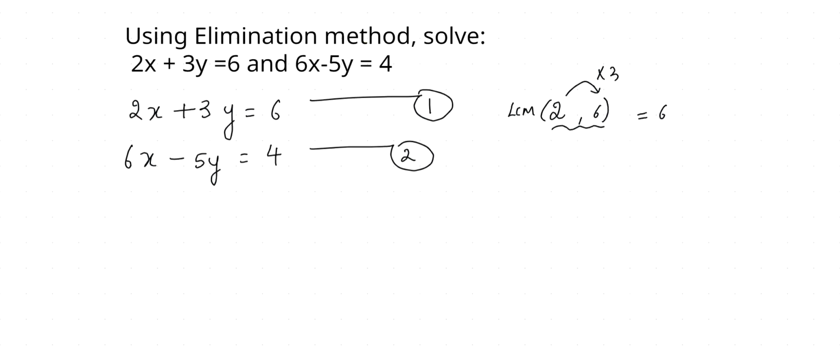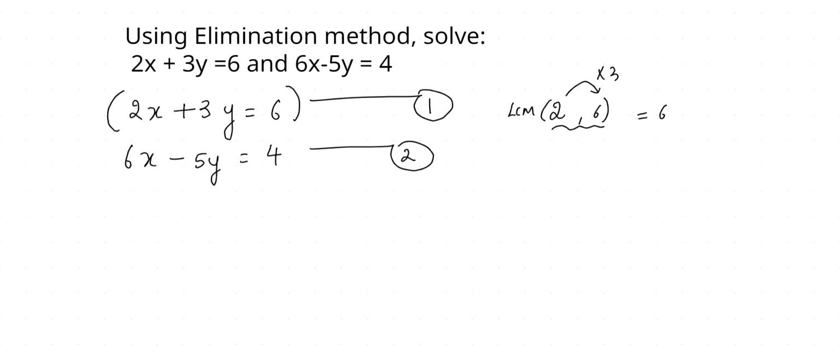No. I need to multiply the entire equation by 3, so that 2 into 3 will give me 6 as the coefficient of x in equation 1. So the entire equation 1 has to be multiplied by 3, not equation 2, because in equation 2 you already have the coefficient as 6. 2 3s are 6. All right, that's what we'll do here.